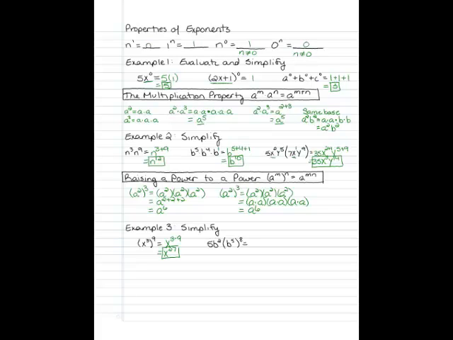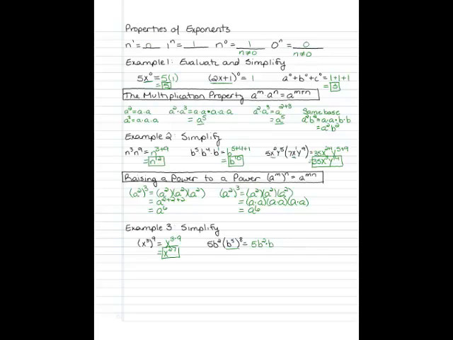The next example here, we have 5b squared times b to the 5th to the 8th power. Order of operations, you work with the exponents. So the 5b squared, we're going to wait to multiply those and work with this piece right here.